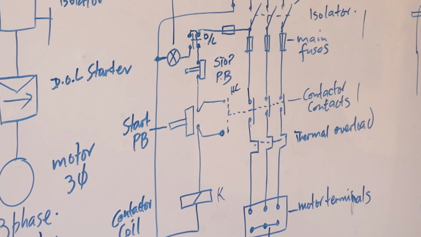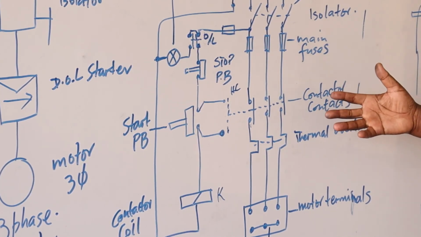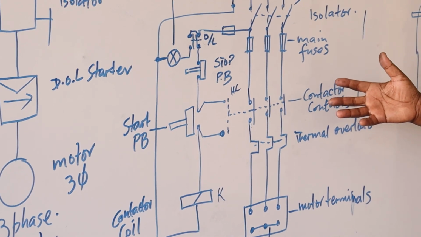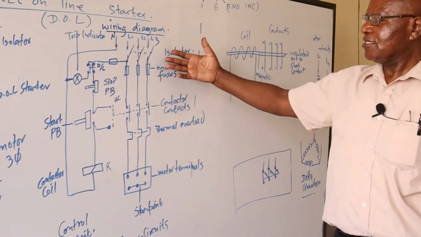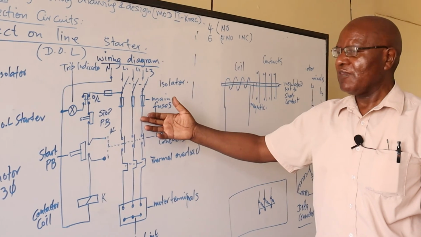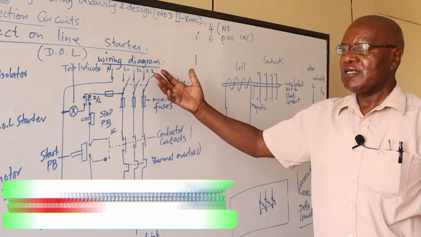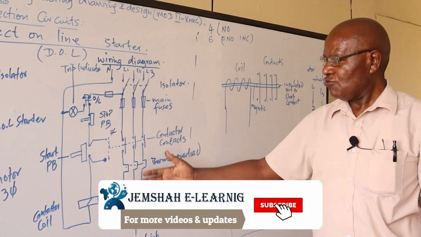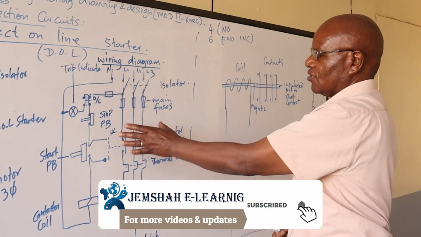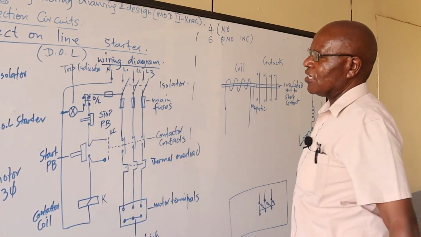Now, as I said earlier, when you go to the industry, there are more additions to this circuit. For a start, we detect in case there is a failure in one of the phases in industry. If there is a failure, there should be an additional contact to switch off our motor.